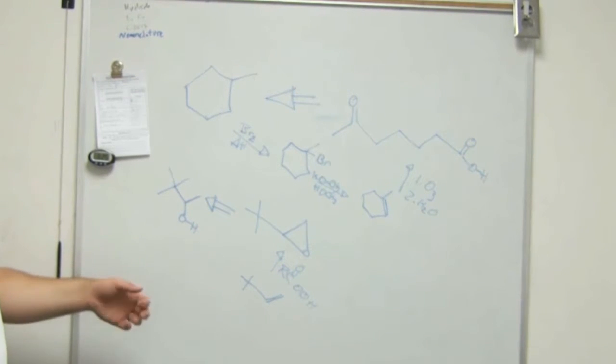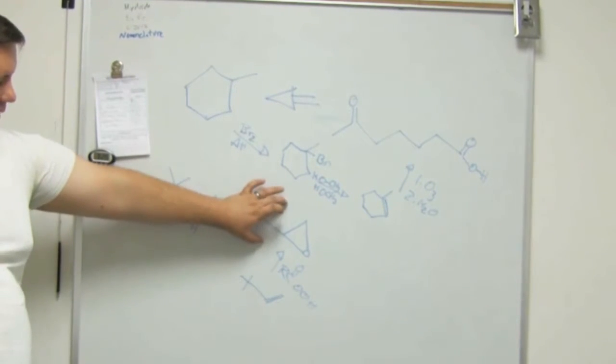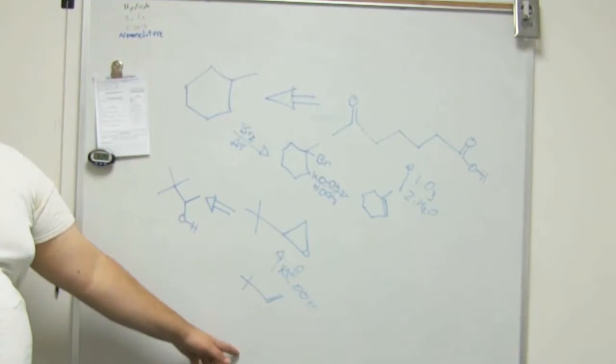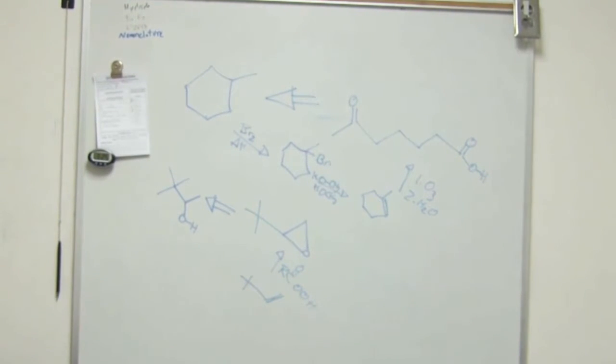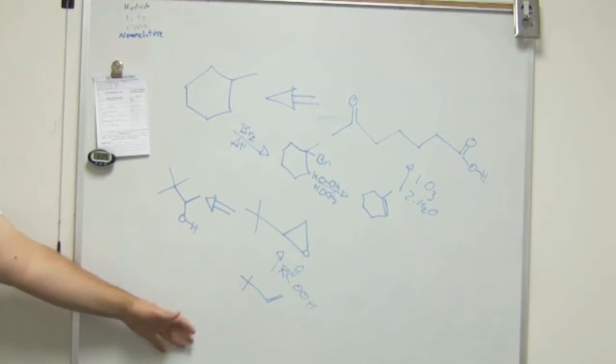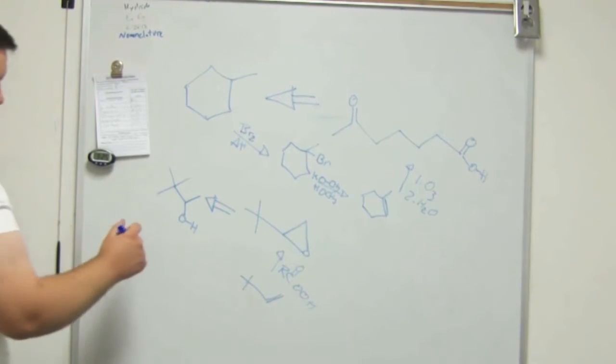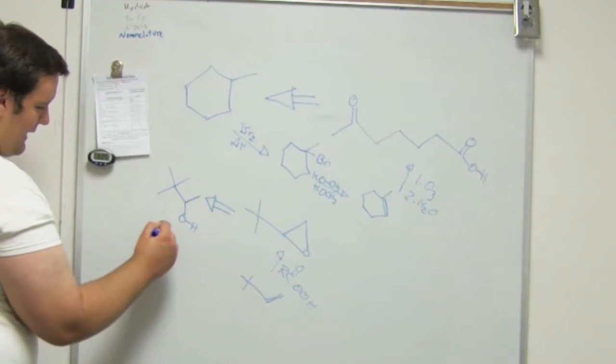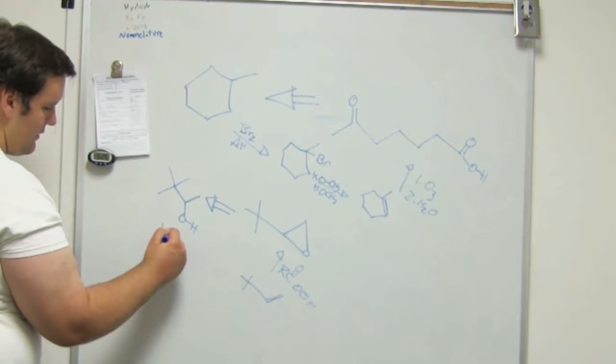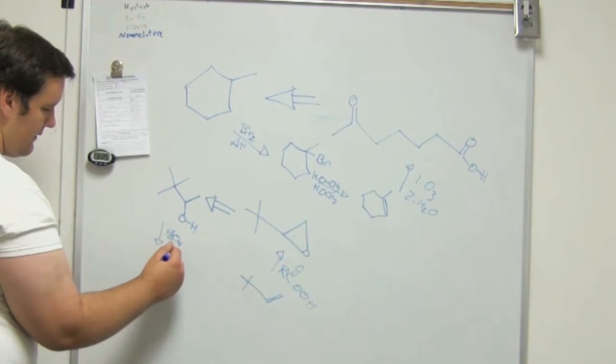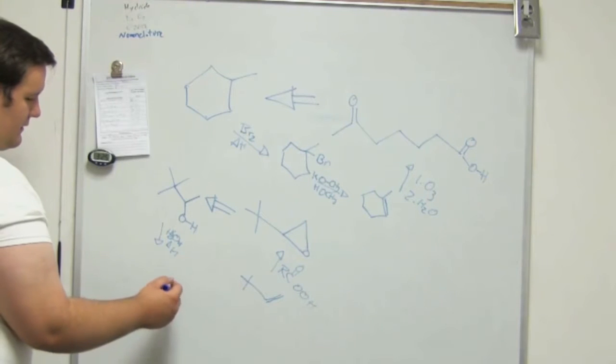So what would happen? The first thing we did is an epoxidation, which must have come from a double bond. We know that. That's the only way to make our epoxy group there. So the real question is, how do we go from an alcohol to this double bond? And we think, oh, alcohol we can eliminate. So let's try that. Let's say we add H2SO4 and heat, because that's what you do with an alcohol to eliminate.